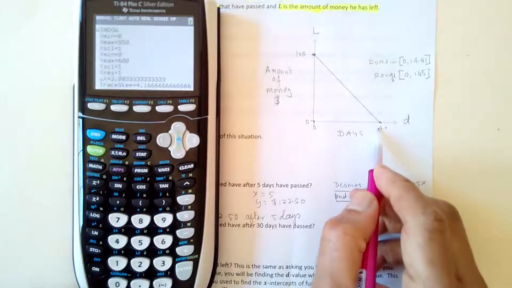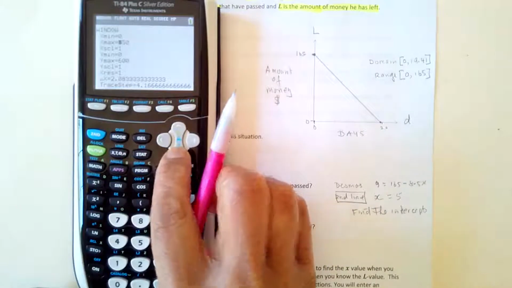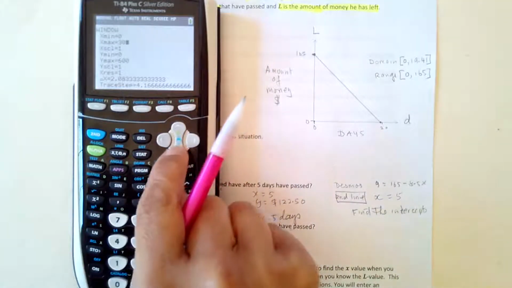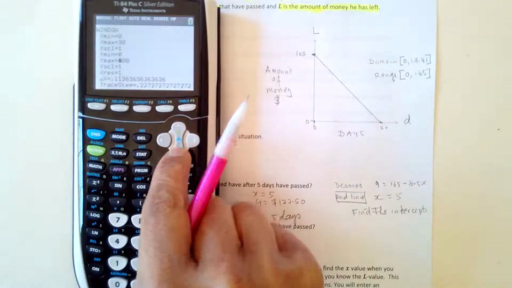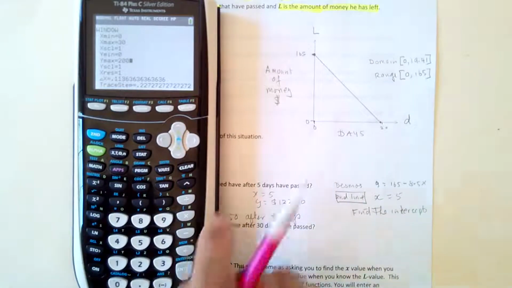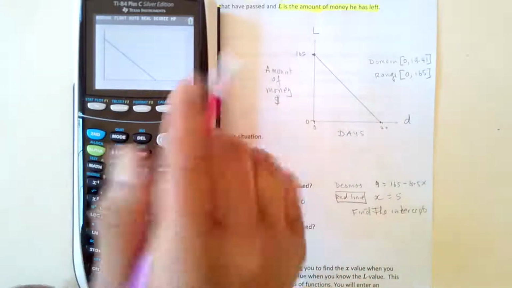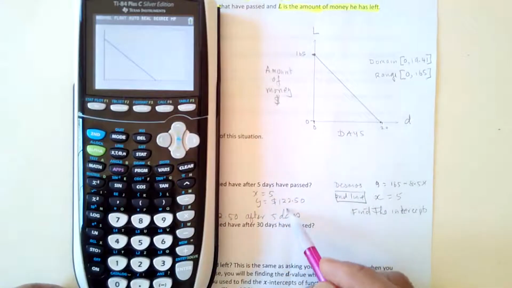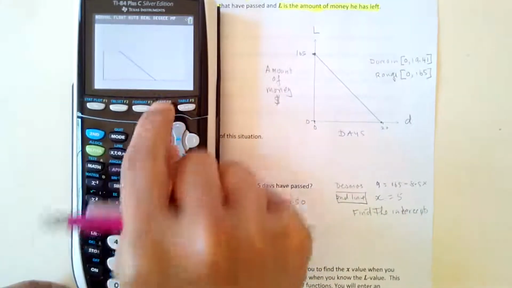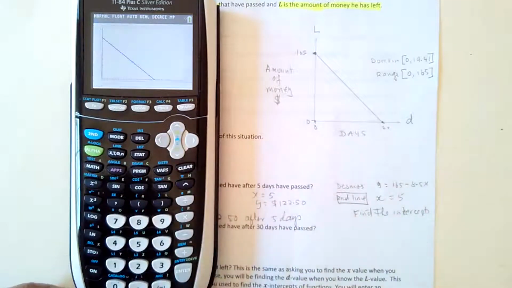I'll make my x maximum maybe 30, and my y maximum 200. So graph. There you have it. Now to find y when x is 5, second trace, enter. When x is equal to 5, y is equal to 122.50. Same process.